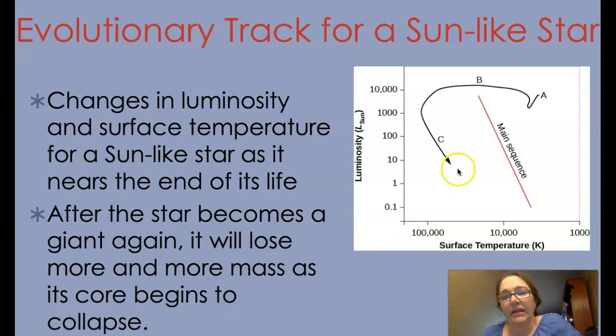So this star made red giant a second time and begins to collapse. And so then the outer shells create the planetary nebula and reveal that core.